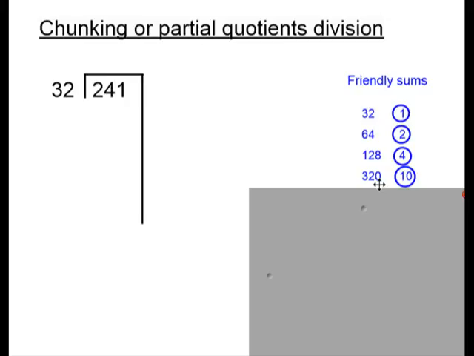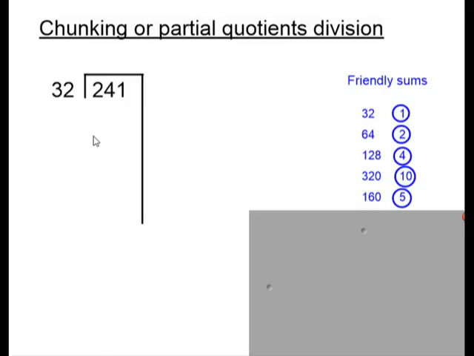So 10 lots of 32 is 320. Lastly, let's halve 10 lots of 32 to get 5 lots of 32. Half of 300 is 150 and half of 20 is 10. 150 add 10 is 160.